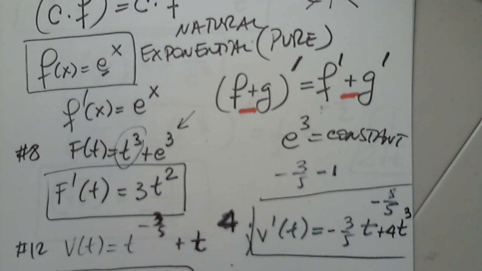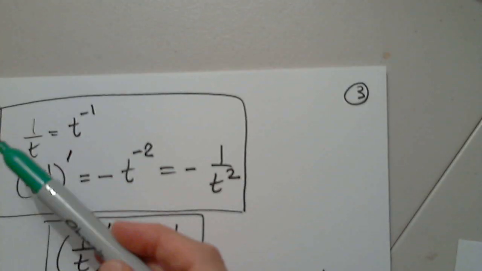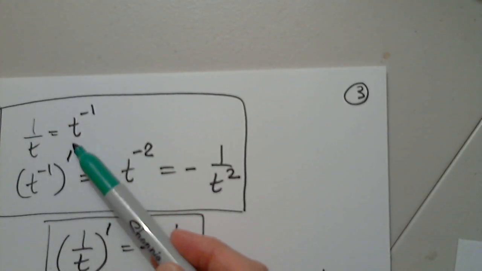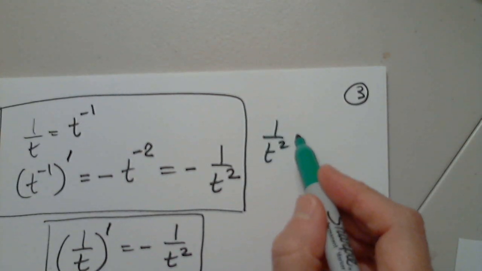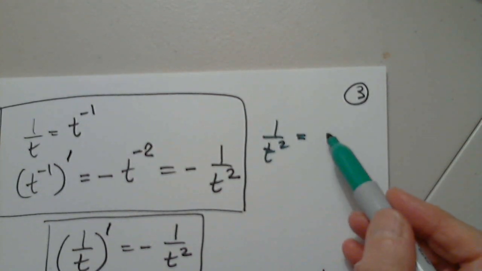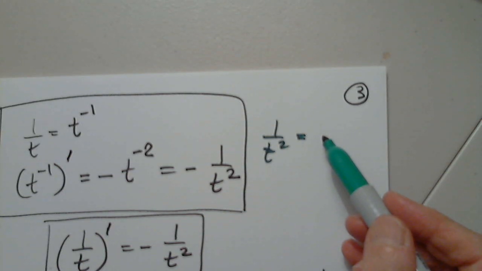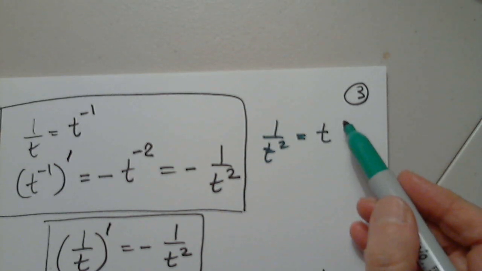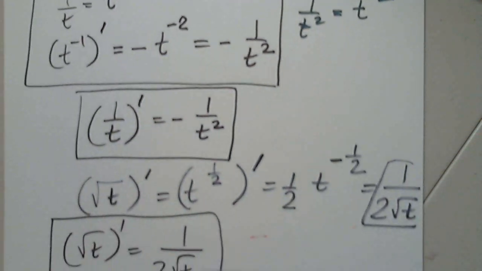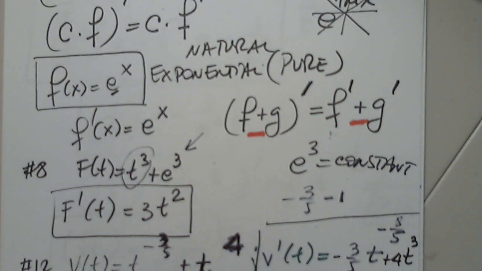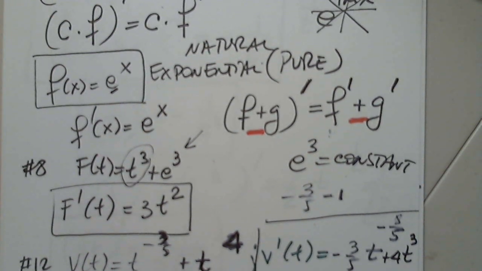So if 1 over t is t to negative 1, what will 1 over t squared be? t to which power? Negative 2. That's it. So this is t to negative 2. And now we are ready to differentiate.